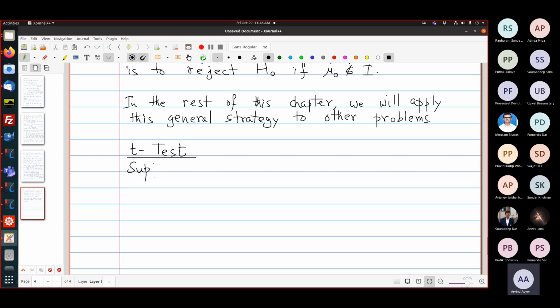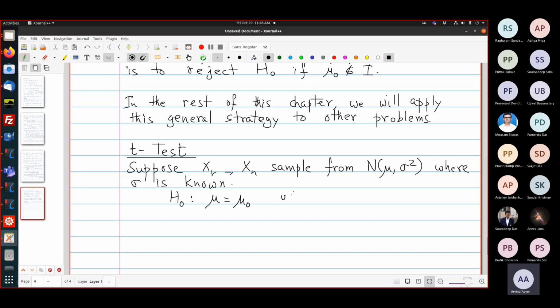So suppose x1 up to xn is a sample from a normal distribution where both are unknown, where sigma is unknown, so our null hypothesis is that mu is equal to mu naught against the alternative hypothesis, which is that it is not.